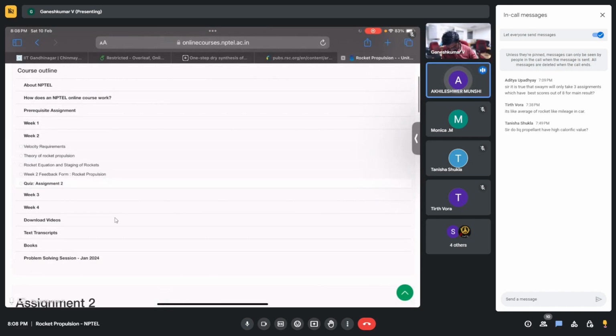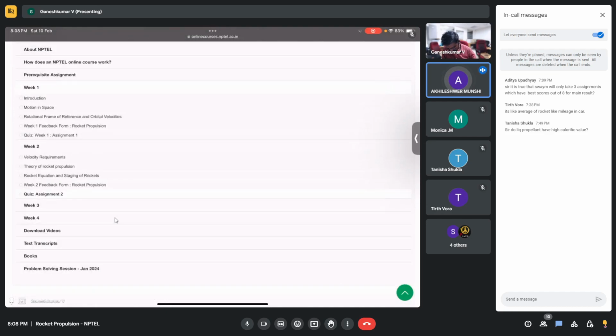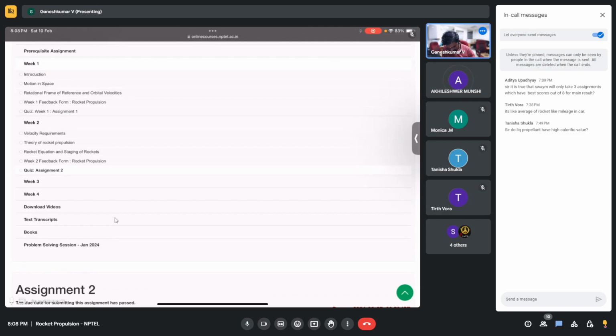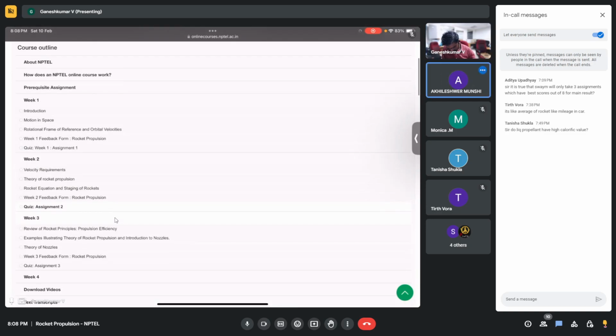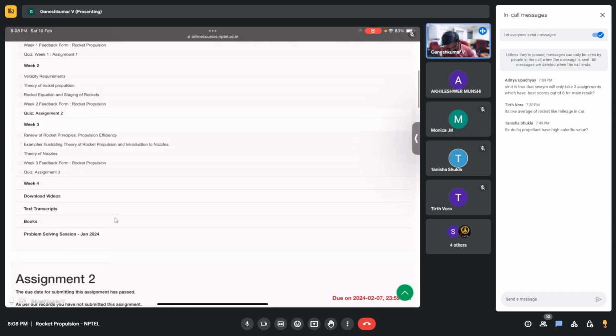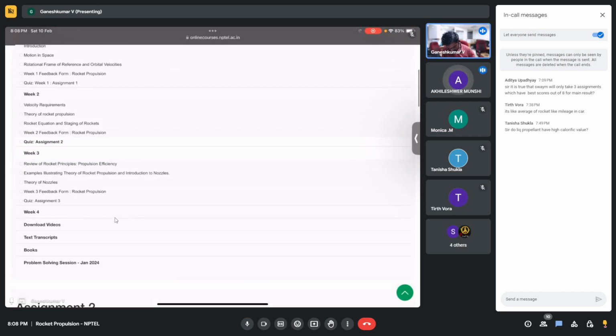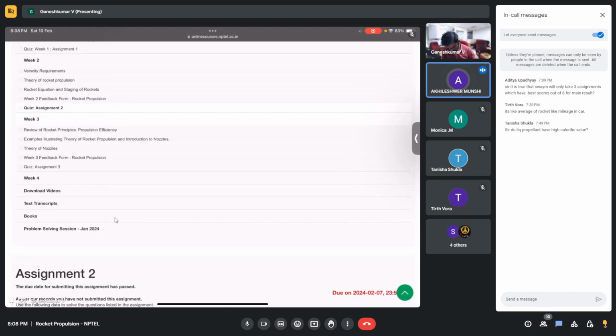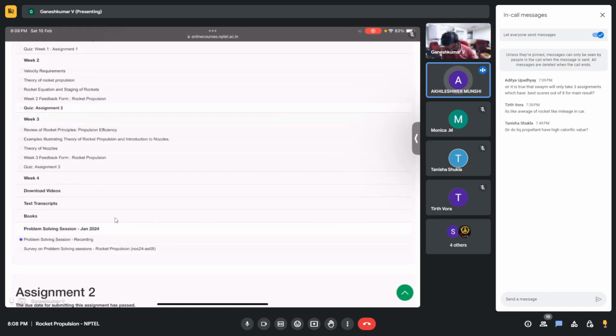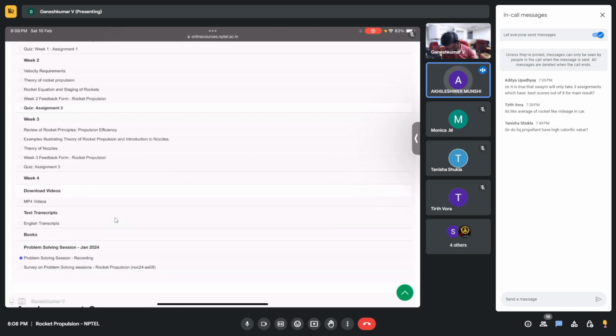Even in the discussion forum they said the solution is given, but I'm unable to find it. Usually the solution comes here, it used to come even in the previous courses I have done. I guess it comes a few days later.